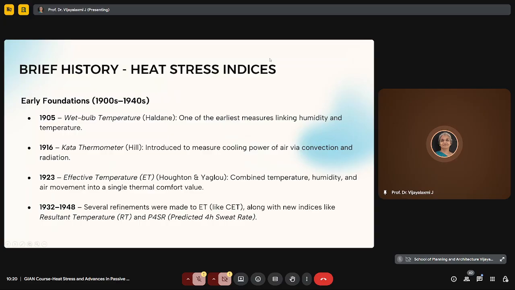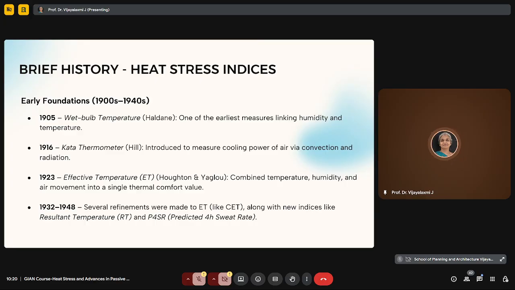Now, heat stress indices have evolved over probably 80-90 years, because scientists have attempted to understand and quantify the impact of the thermal environment on human health as well as performance.